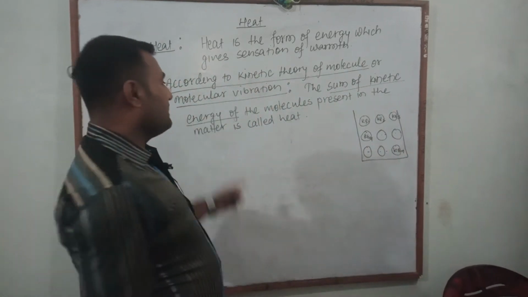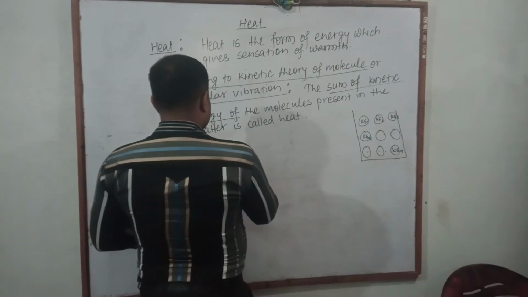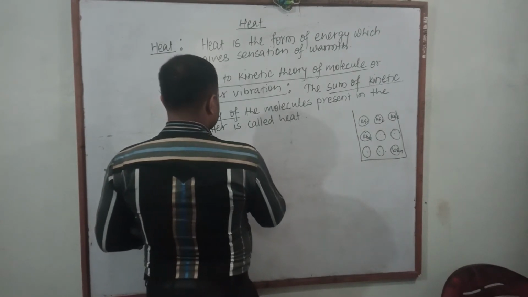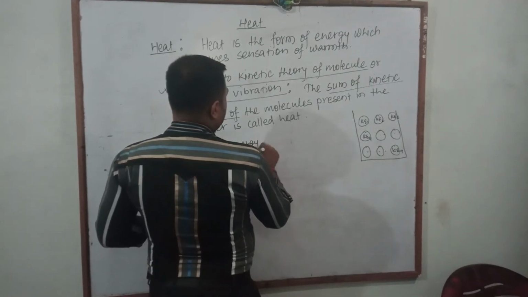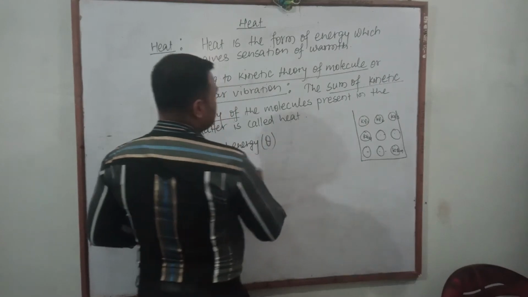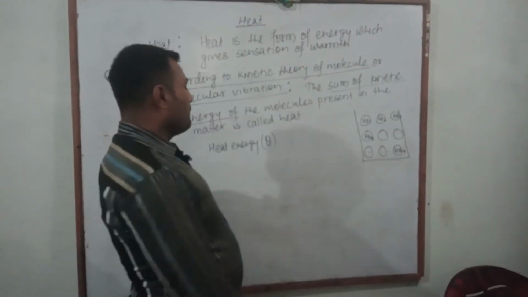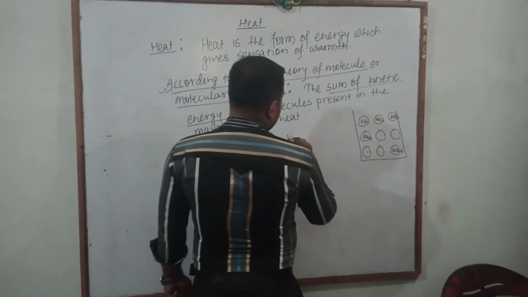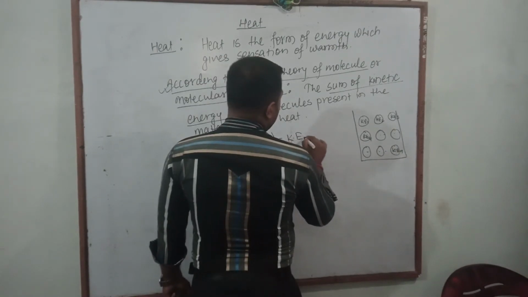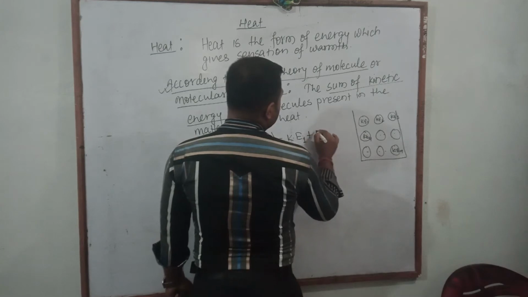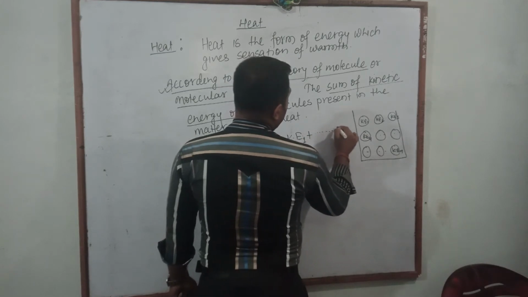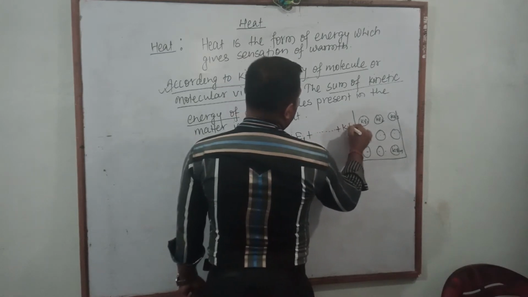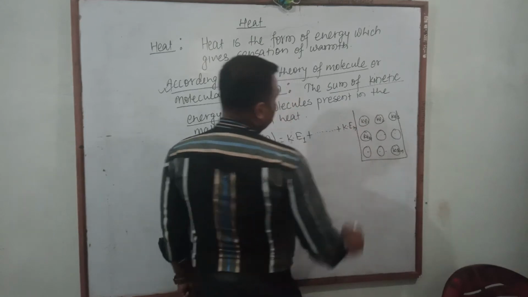And in this way, the heat energy present in it, denoted by Q, the amount of heat energy, is the kinetic energy of the first molecule plus the kinetic energy of the second, and so on up to the kinetic energy of the nth molecule.